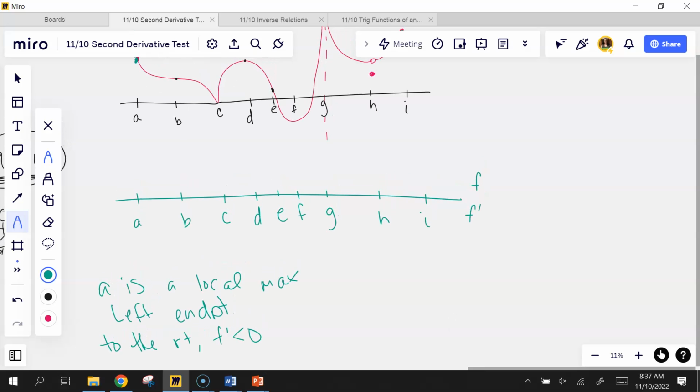So to the right of A, I know the derivative is negative. I'm just describing some things about A here, making sure we understand what's going on. It's the left endpoint, it's a local max, and to the right of that point my derivative is negative because I'm decreasing on my graph. Because between A and B, the derivative is negative, because this is decreasing.